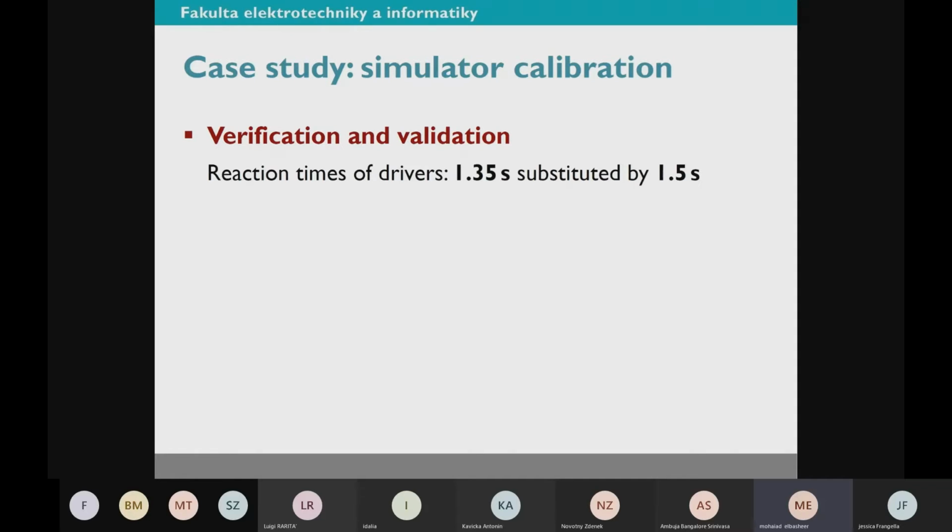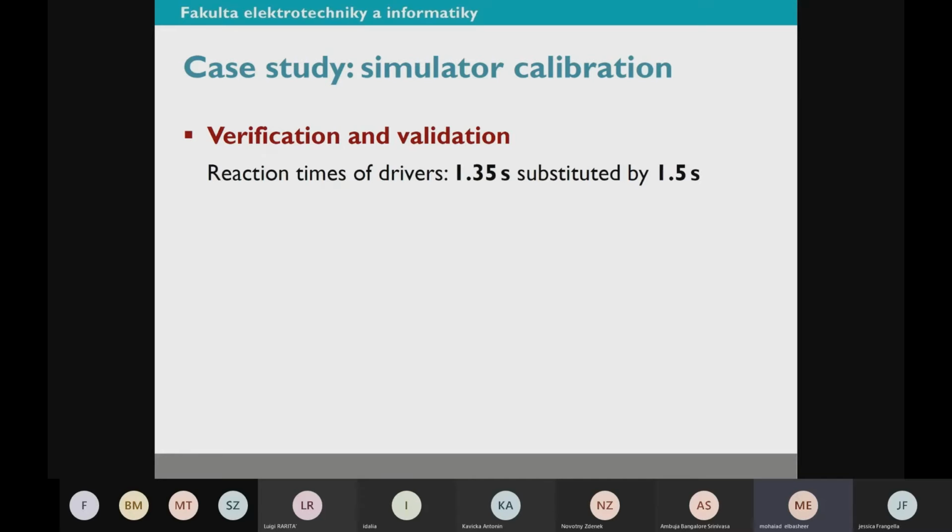Just before making final investigations, the simulator was calibrated. It means that within the frame of the verification and validation stage, they observed the characteristics of the simulation model behavior, and mainly substituted the initial setting of the reaction times of drivers, which was set to a 1.35 second value.